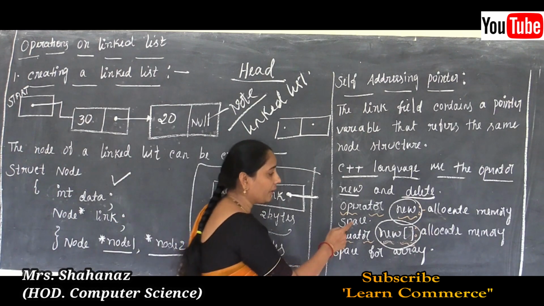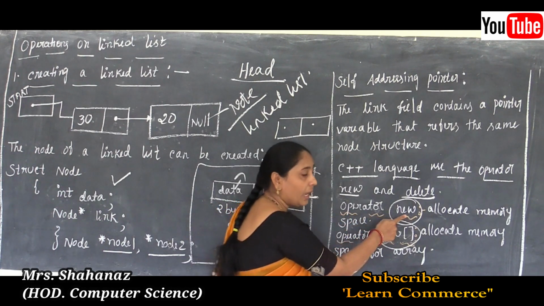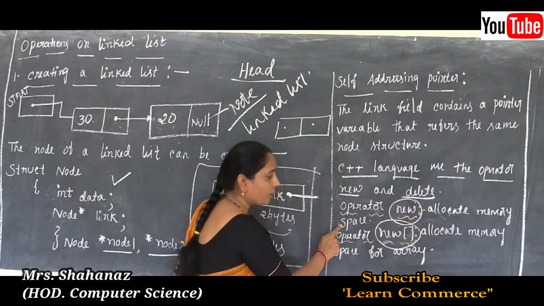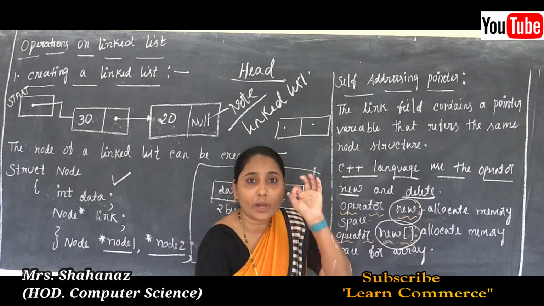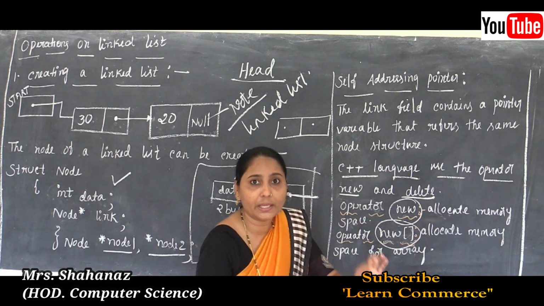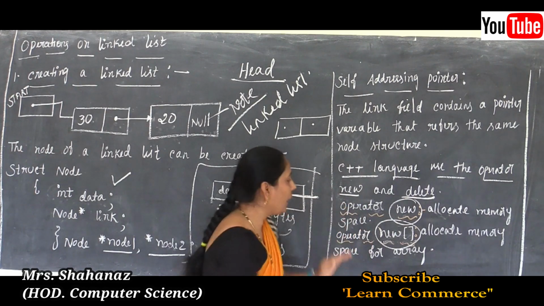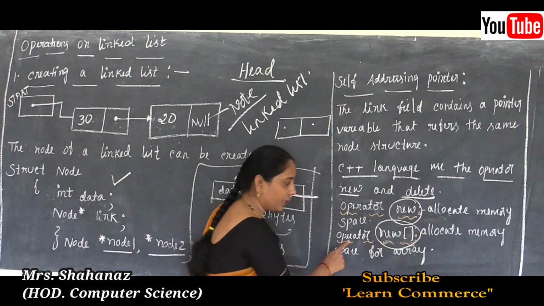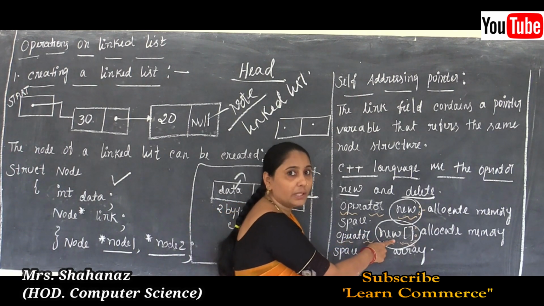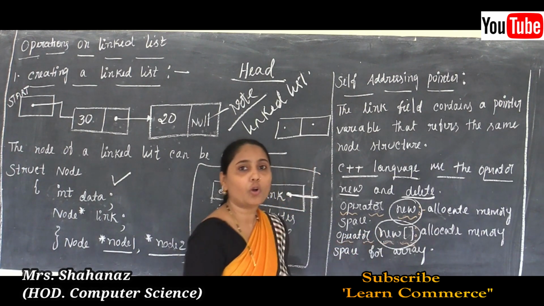The operator new allocates memory space for a single element. Clear this part? Just for one element it allocates the memory space. The difference is that the operator new size allocates the memory space for a block of elements.